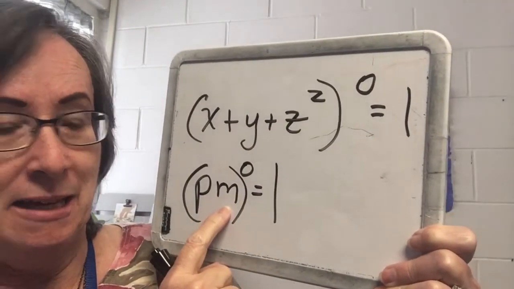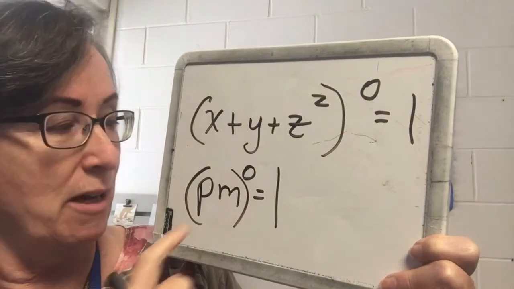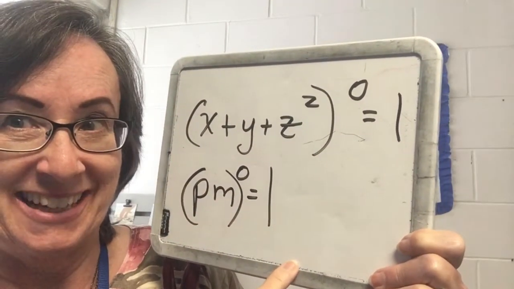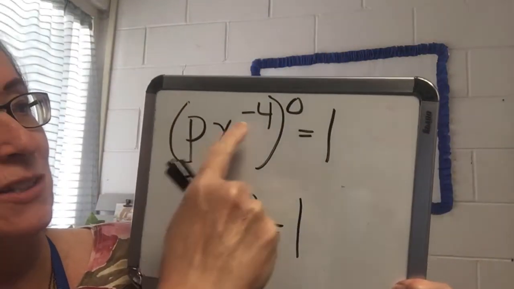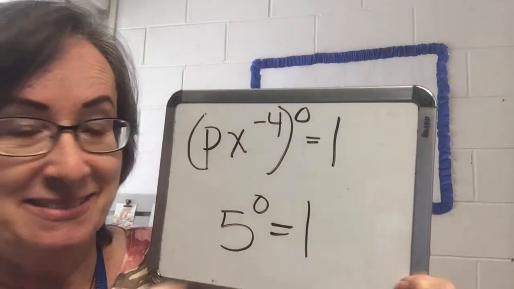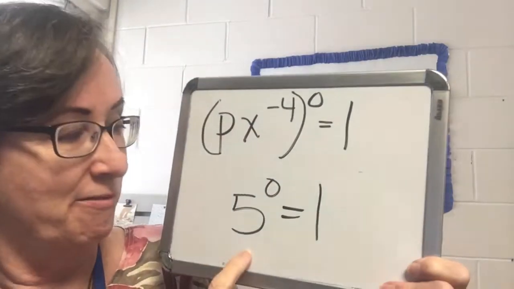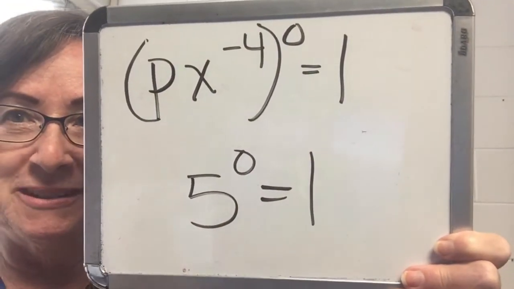P times m is raised to the 0 power. And as long as p times m is not 0, then the answer is 1. You could really get your friends on this one, right? So px to the negative 4, when the whole thing is raised to 0, is 1. 5 to the 0 is 1. Isn't that a cool rule?